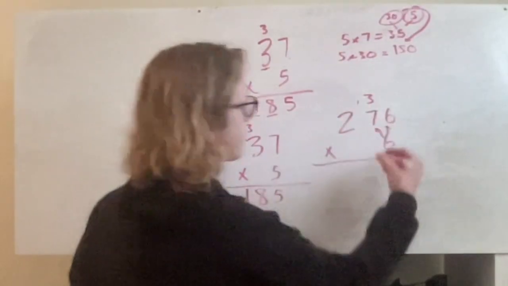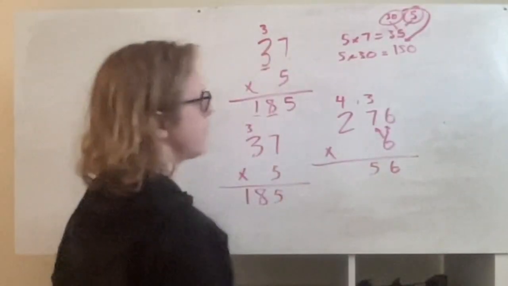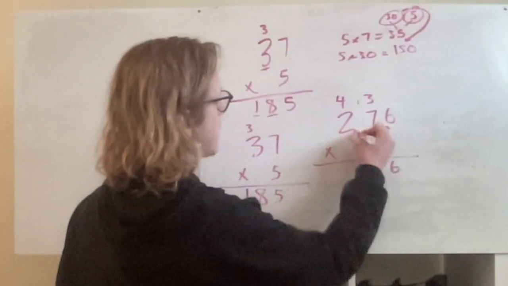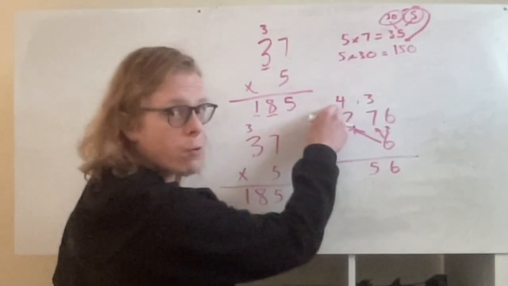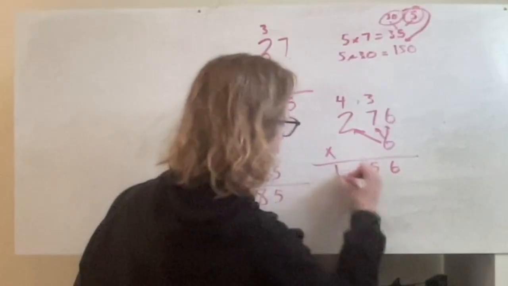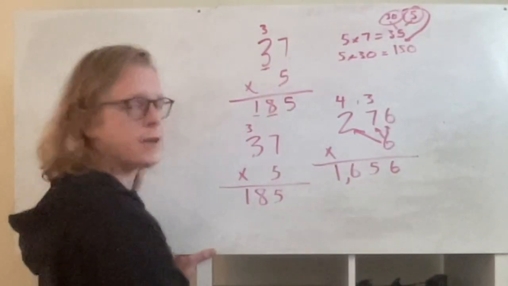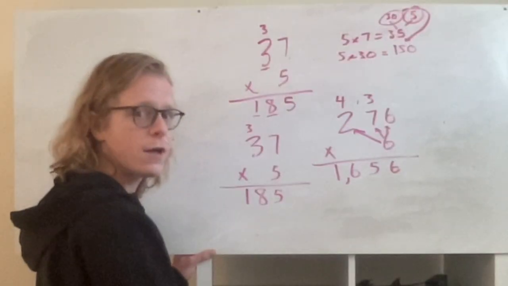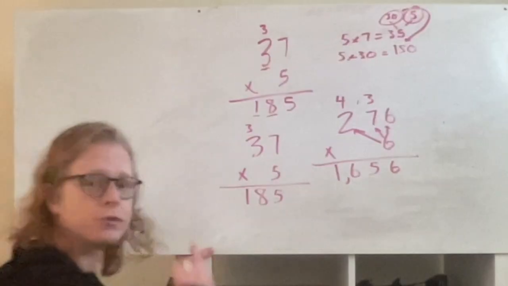Plus 3, 45. And then 6 times 2 is 12. Plus 4 is 16. So my answer, 1,656.